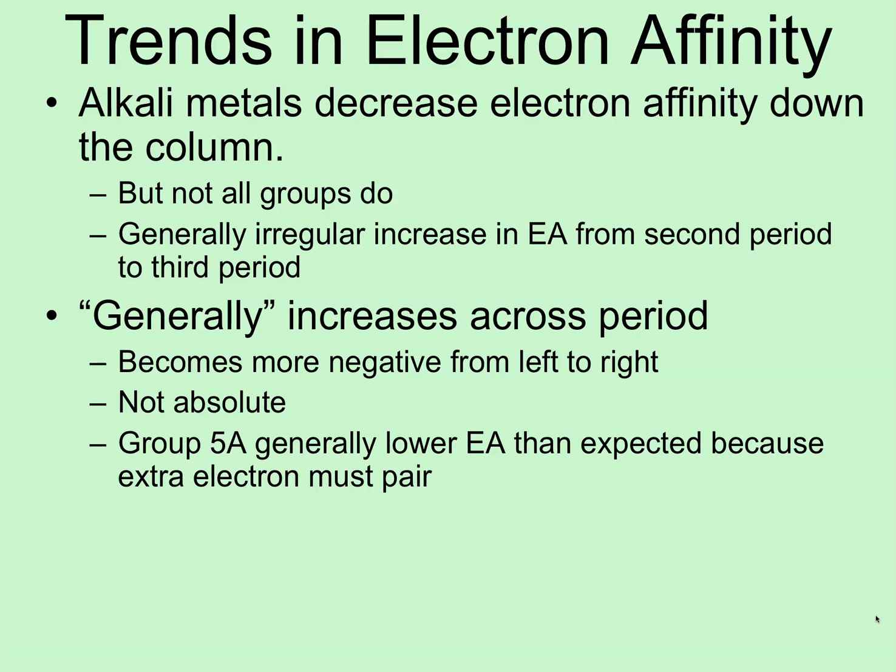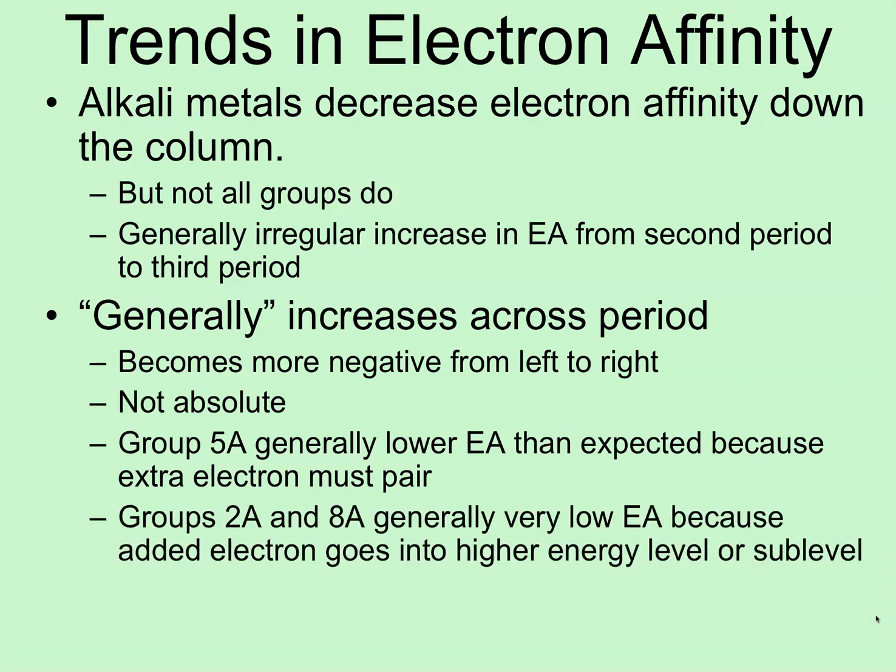You have one electron in each of the p orbitals, to add the next electron, there's going to be repulsion there. So it's going to lower the amount of energy because the attraction is going to be diminished because of the creation of an electron pair.